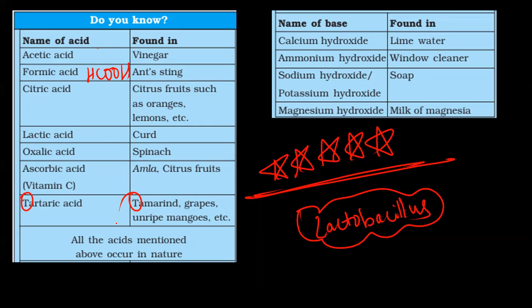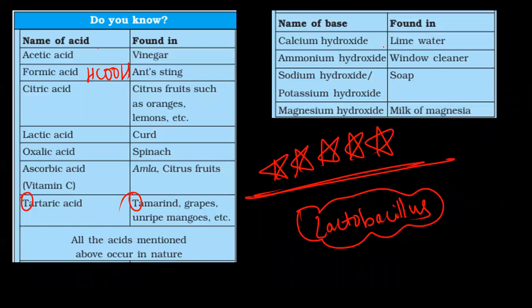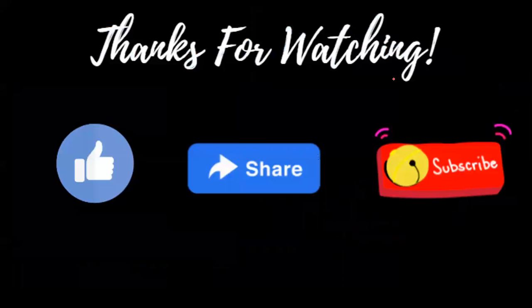Now bases. Lime water, as I had just shown you in the previous slide. This is lime water, Ca(OH)2. Calcium hydroxide. Lime water contains calcium hydroxide. Window cleaners contain ammonium hydroxide. Soap, there can be two kinds of soap. One is sodium hydroxide, one is potassium hydroxide.